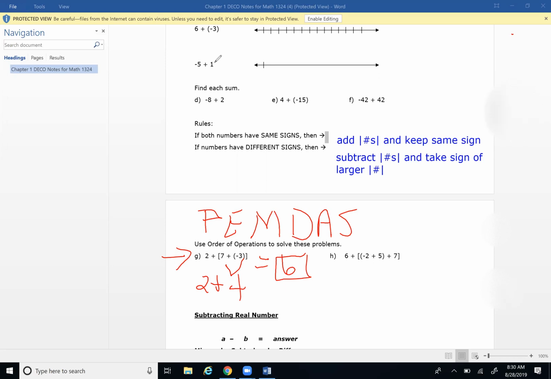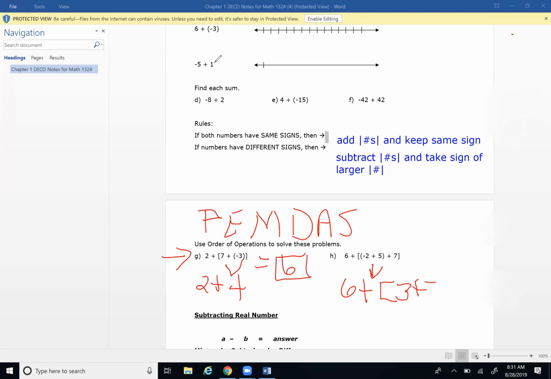All right. Now, if you look at H, where do you start on this one with order of operations? Parentheses. And that negative 2 plus 5 is going to be how much? 3. Okay, so notice I just copied down the 6 and the plus, and when I get to this bracket, I'm going to take the negative 2 plus 5, which gives me a positive 3.